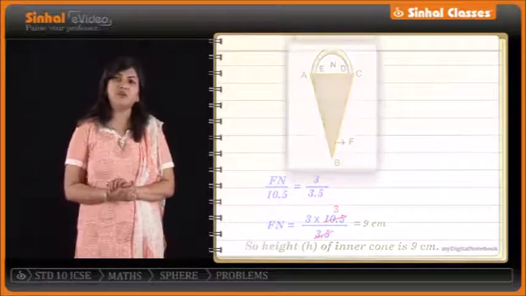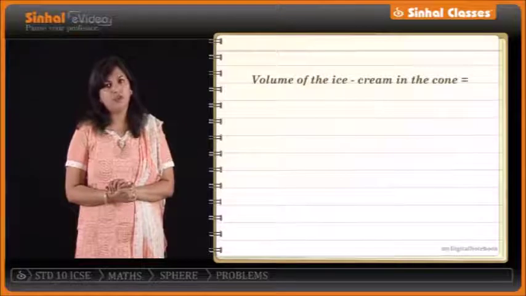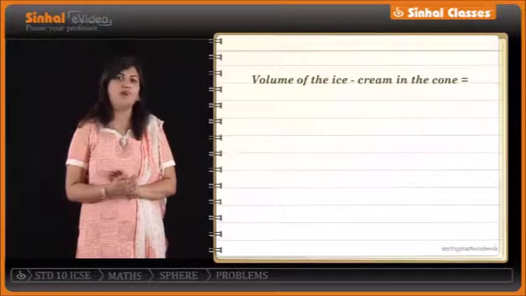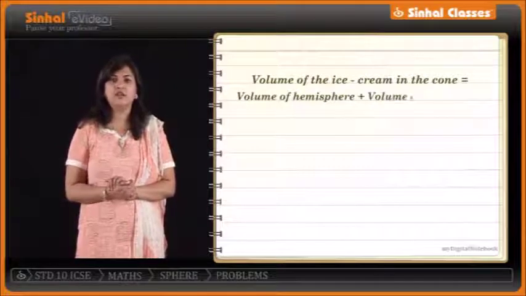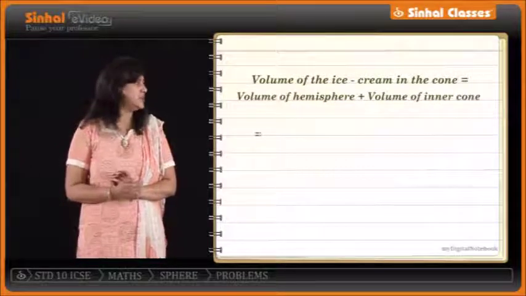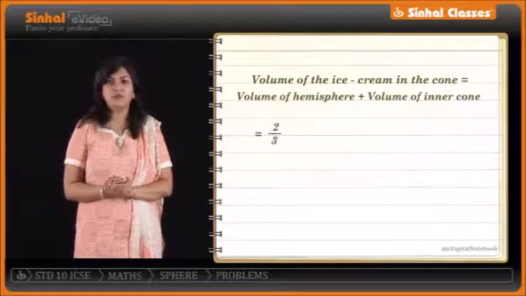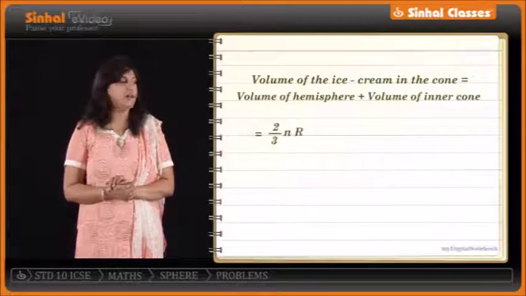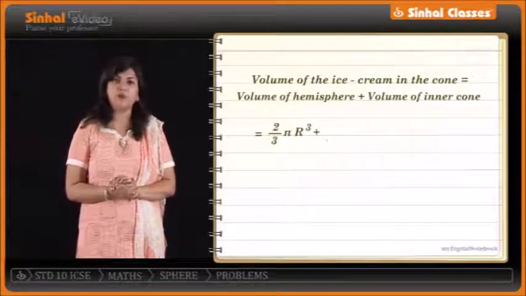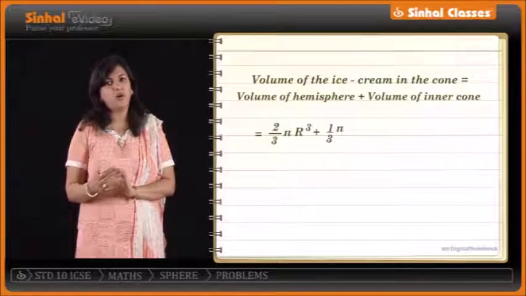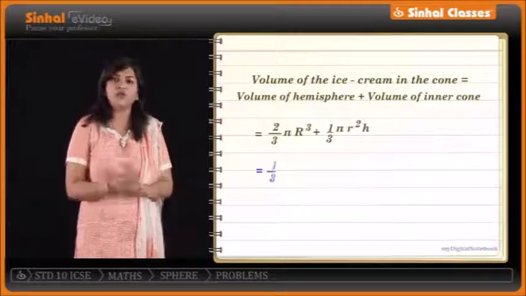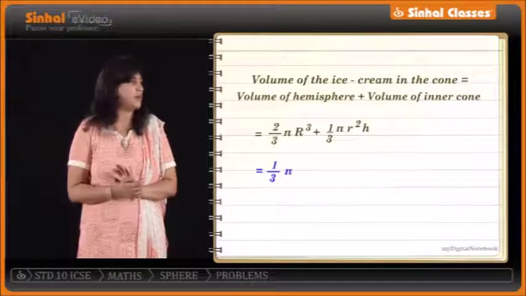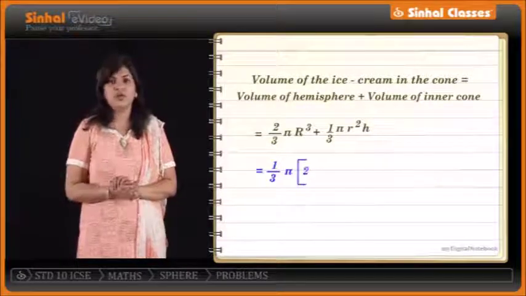Now the volume of the ice cream in the cone will be equal to volume of the hemisphere plus the volume of the inner cone, that is equal to 2 upon 3 pi capital R cube plus 1 upon 3 pi small r square into h. Now from here 1 upon 3 pi common, in the bracket we have 2 into.